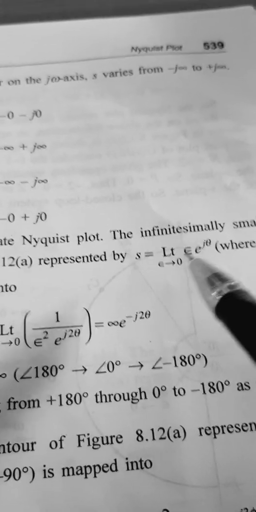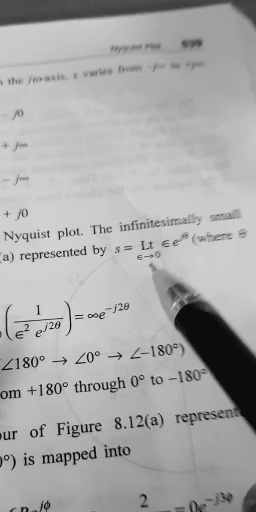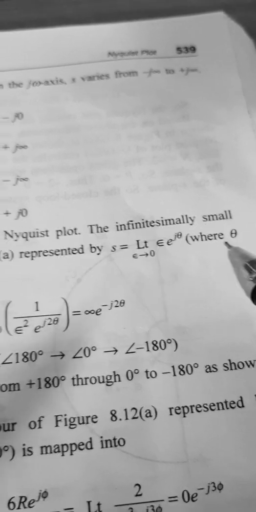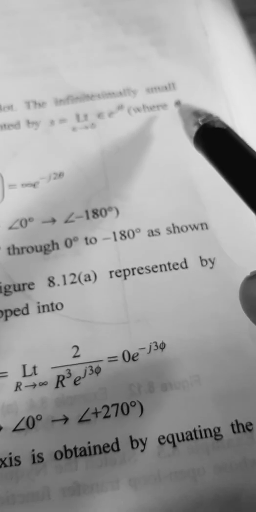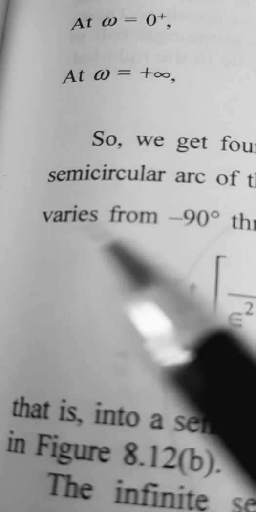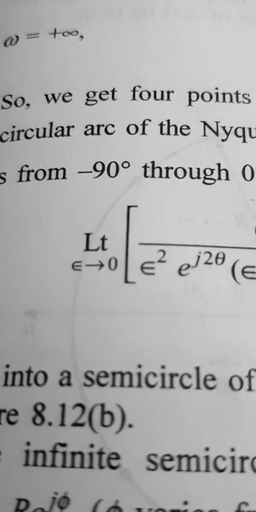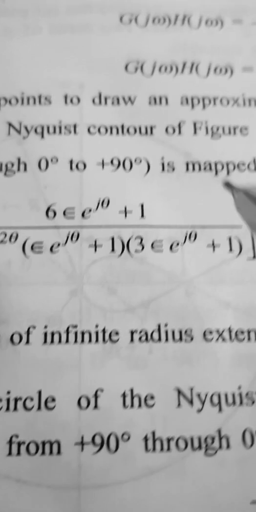This is this arc, figure 8.1, represented by substituting s is equal to epsilon e to the power of j theta, limit epsilon tending to 0, where theta varies from minus 90 through 0 degree to plus 90 degree, is mapped into.